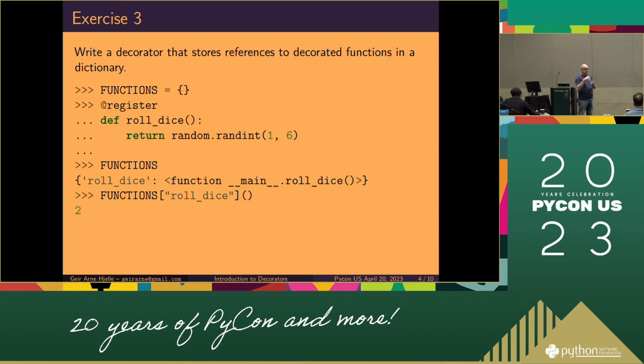So we don't want to change the decorated function at all, so it's similar to what we did with define, but we want to just keep references to them. So in this case, our test is that we'll create a global dictionary, and then whenever I define a function that has this register decorator on top, it adds a reference to the function in this functions dictionary. So have fun with this one, and then we'll talk about it more in 5-10 minutes.